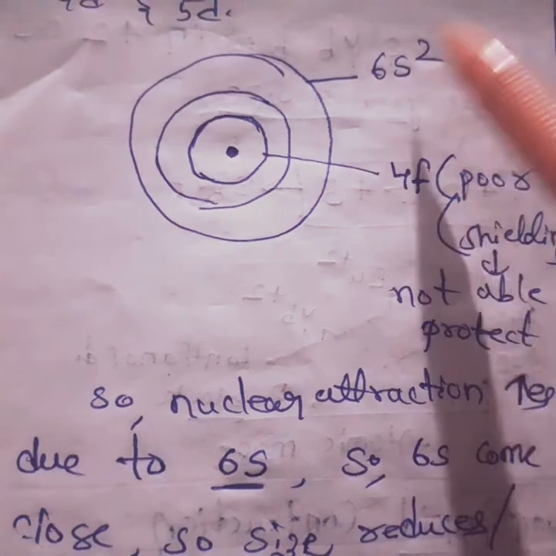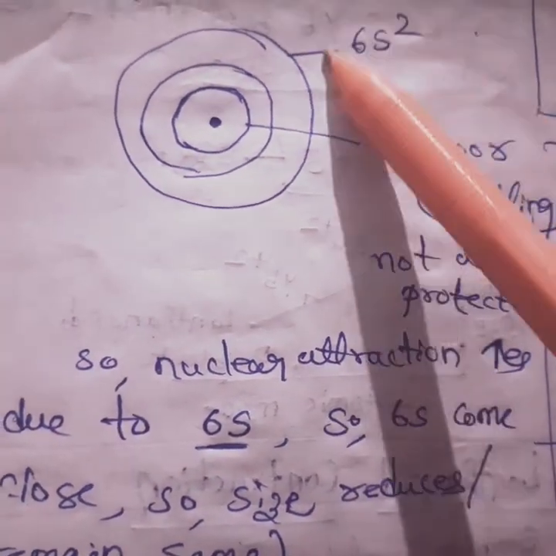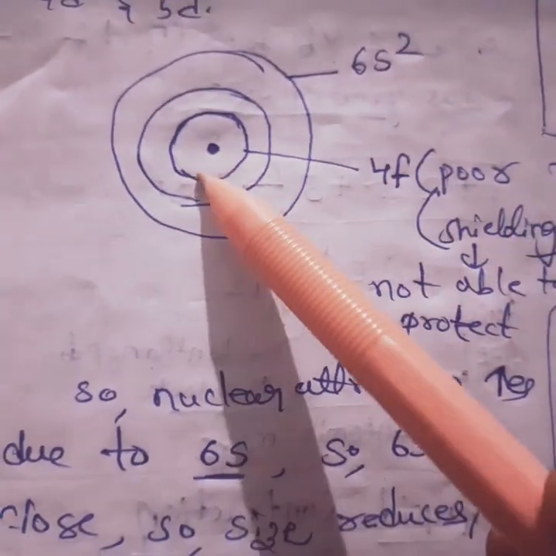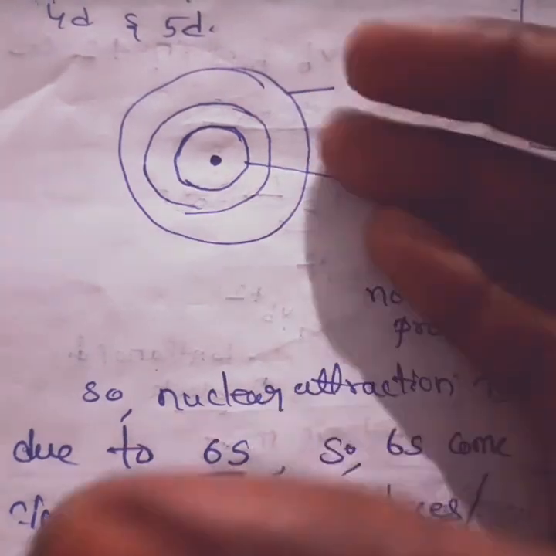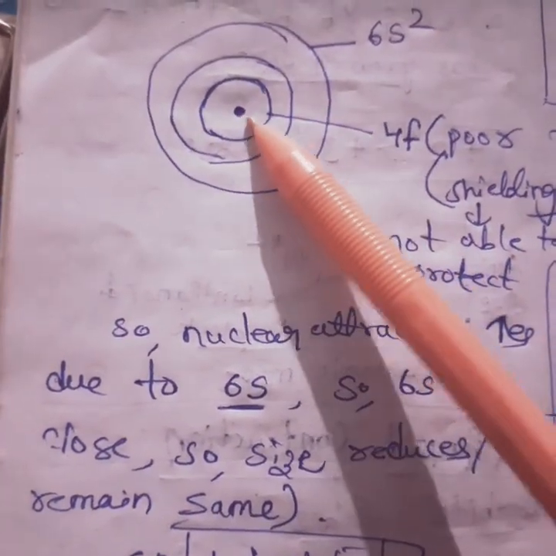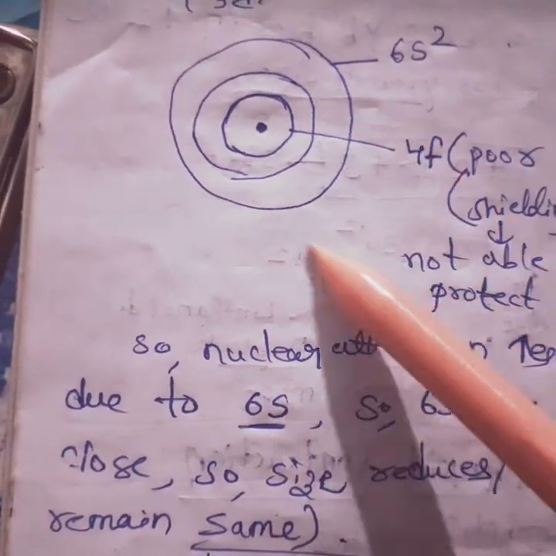As this 6s comes close to this nucleus, the size decreases. Here the size may decrease or remain the same. So this is lanthanoid contraction.